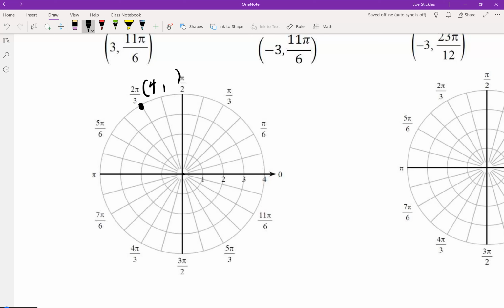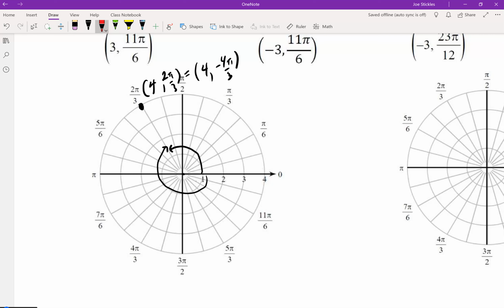The theta is the angle we make with the positive x-axis. Well, I can see that this one's already labeled for us. This 2 pi over 3 means that we've gone this way around and hit 2 pi over 3. So the angle part would be 2 pi over 3. We could have also done the same 4, but measured it this way, subtract 2 pi, and got negative 4 pi over 3.